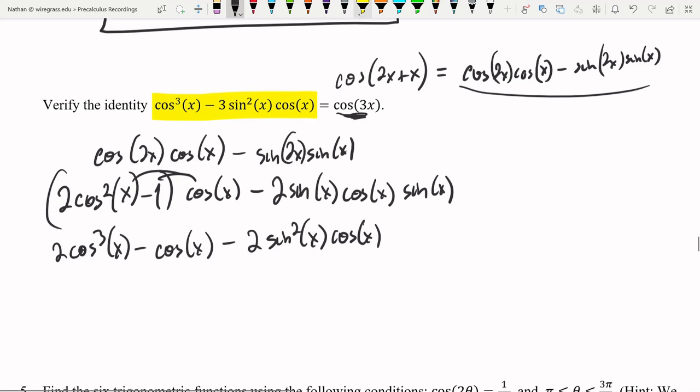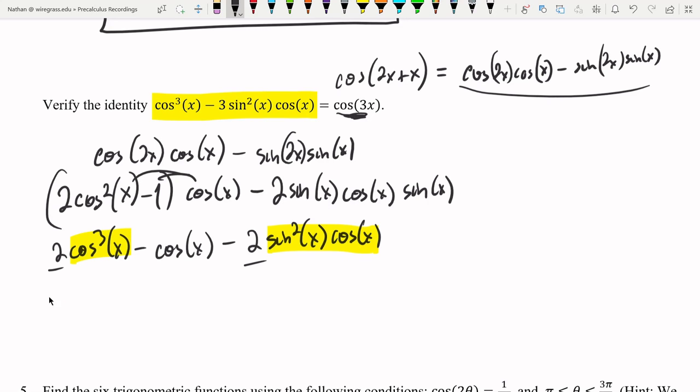And I'm really close now. This is correct, and this is correct. We don't have the correct numbers. We want to have this 2 gone in the front here. This needs to be gone, and this needs to be 3. So let's see what we can do with that.